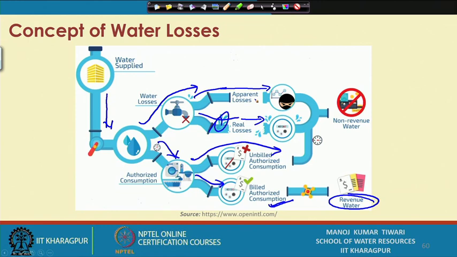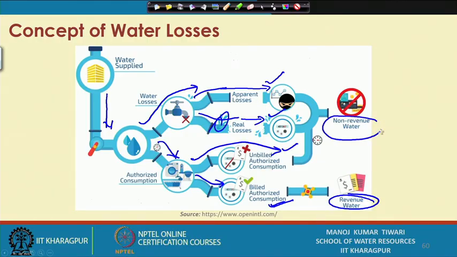Now, you see, all three of these components, even if it is authorized but unbilled consumption, or your real losses, or your apparent losses, are not generating any revenue. So, this in total is called non-revenue water, or NRW, typically.